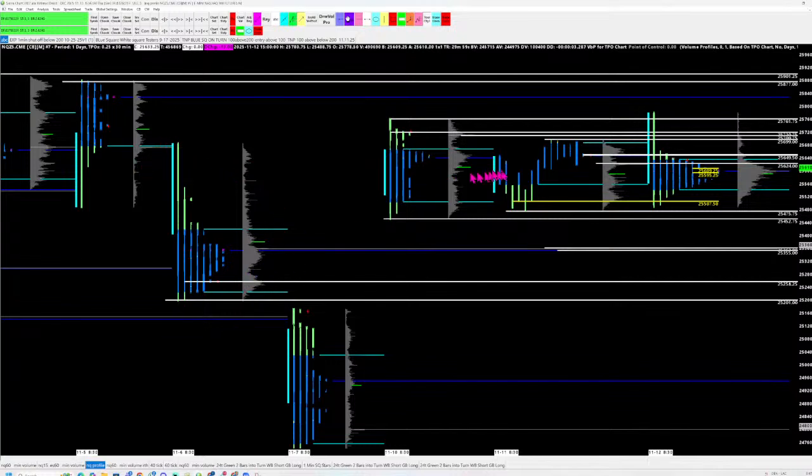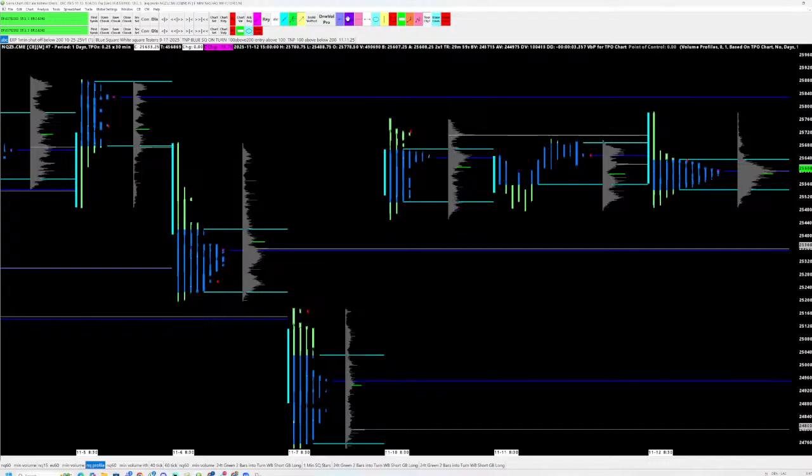Okay, so two things to remember when you're looking at this, and that is, if you want to look at the profile, right? This area right here, this area right here, right? And then today, this area right here, that is the most easily tradable area, most easily traded through without any resistance.